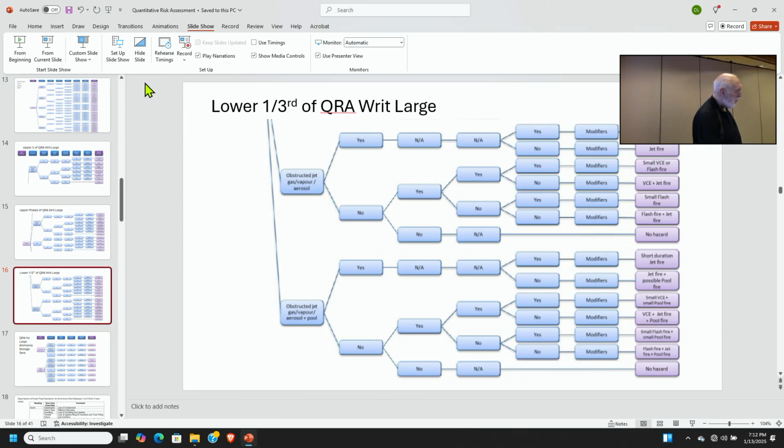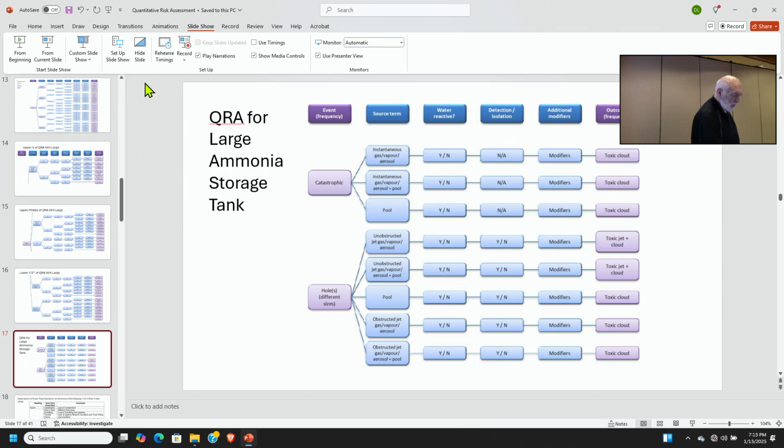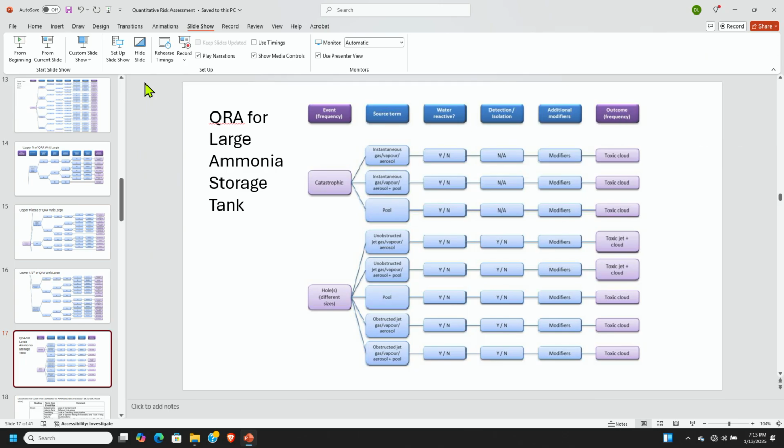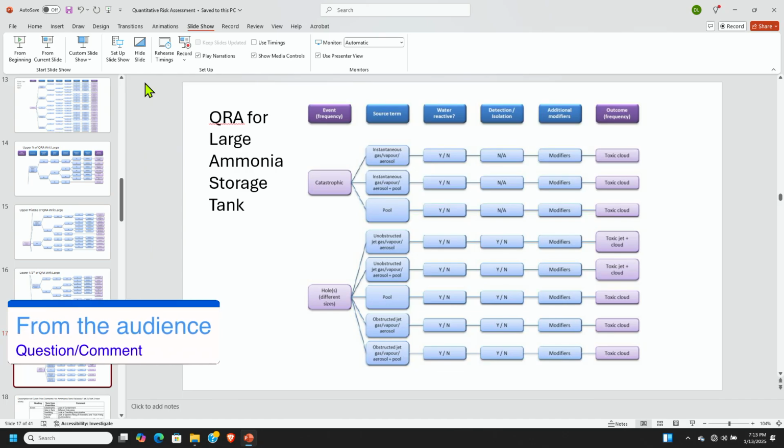Did they do that before the event or after? Afterwards, obviously, because the facility wound up at the bottom of the Gulf. So it wasn't a proactive assessment? It would have been nice if it had been. Repeat the question for the recording. Was the fault tree done before?